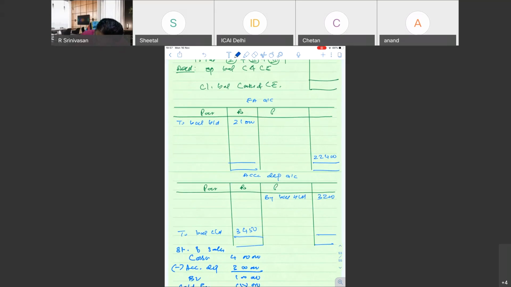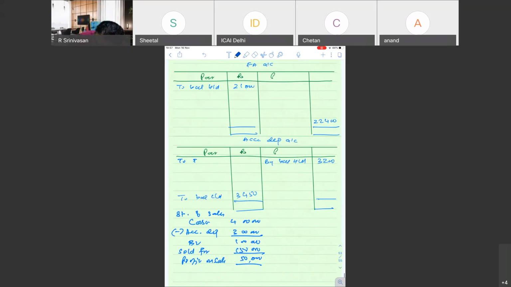So here, to fixed assets, 3 lakhs. By accumulated depreciation, 3 lakhs.